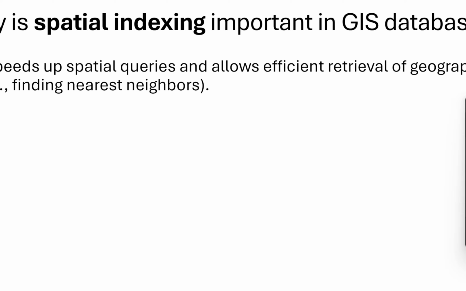So spatial querying means, suppose, I'll give you one example. Suppose you are at your home and you are hungry and you want to find out any restaurant nearby so that you can eat. Suppose you want to go somewhere that is near you.